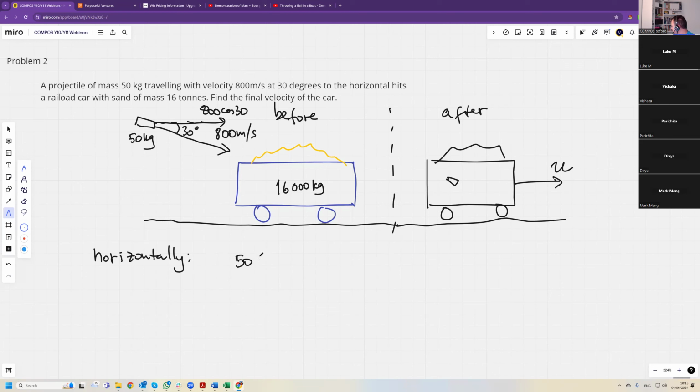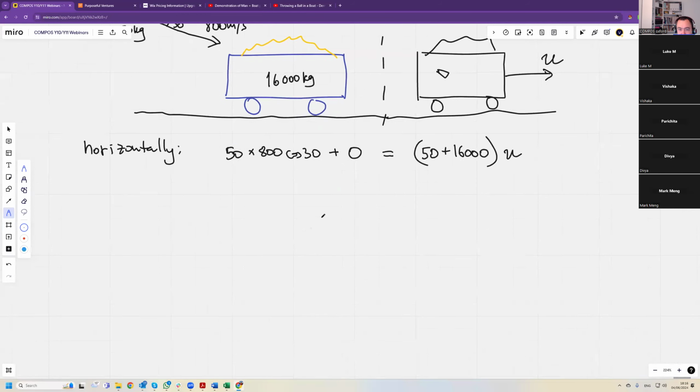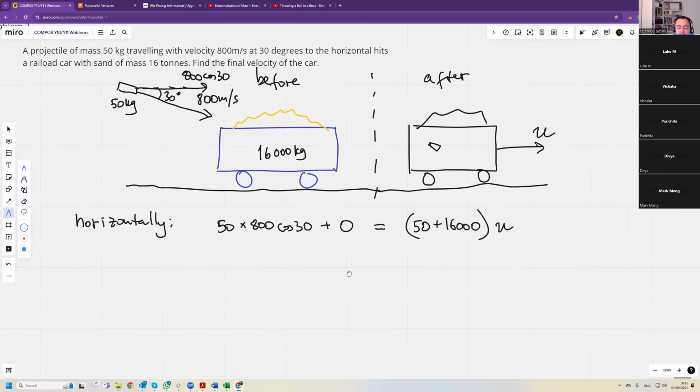I kind of want to do it in letters first, but never mind. 50 multiplied by 800 cos 30 plus 0, because this has 0 momentum, equals, now 50 plus 16,000, that's the mass of the system, multiplied by u. And that's it. That's literally it. That's the end of physics.